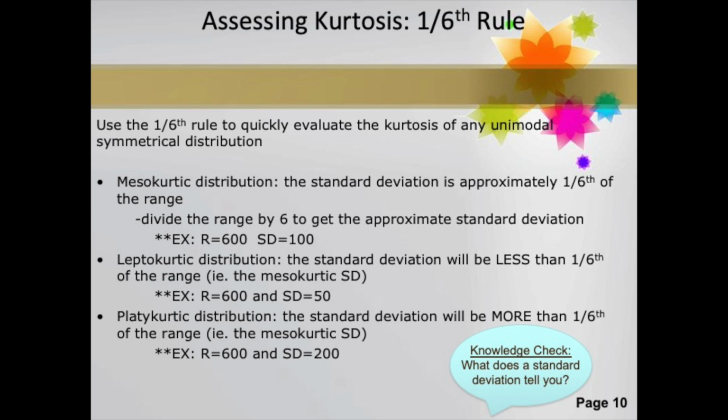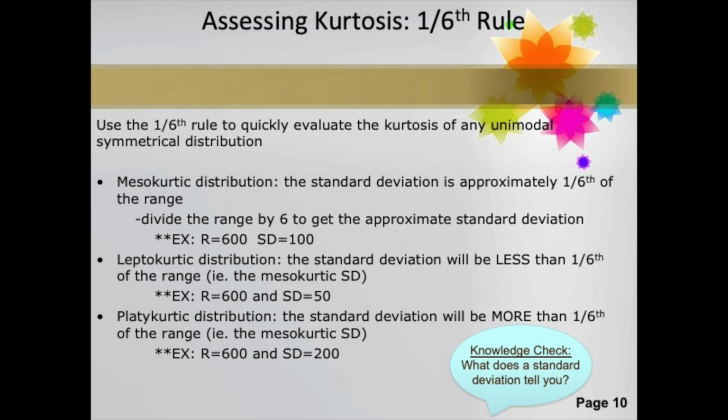So if this data that has a range of 600 is a normal curve, then the standard deviation would be 100. So then I would look at my data set standard deviation and see if it is 100, and if it is 100, then my distribution is going to be a mesokurtic shape when I plot it, or a shape of the normal curve.